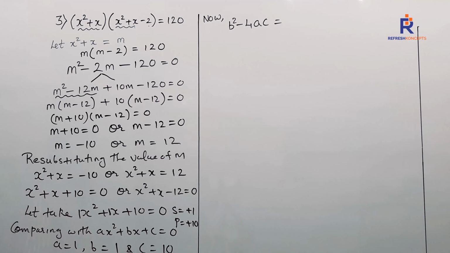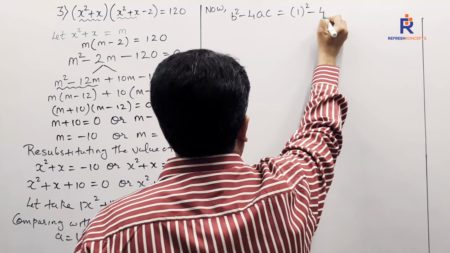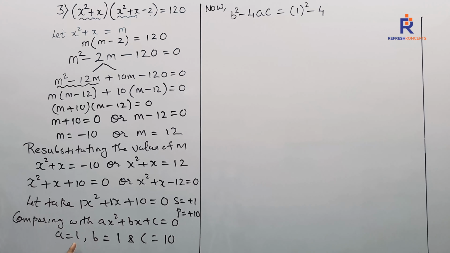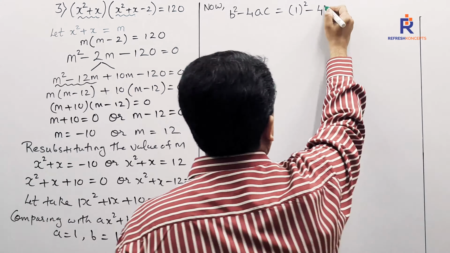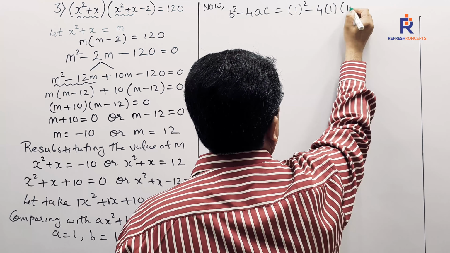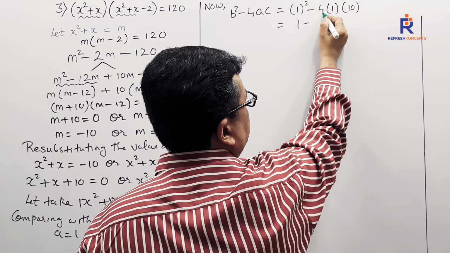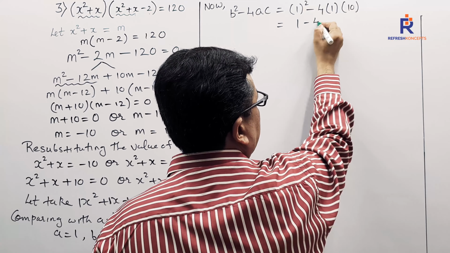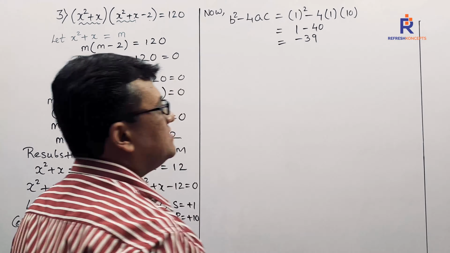B is 1, square, minus 4. What is the value of a and c? A is 1, c is 10. 1 square is 1 minus 4 ones are 4 into 10, minus 40. What is the answer? Minus 39.